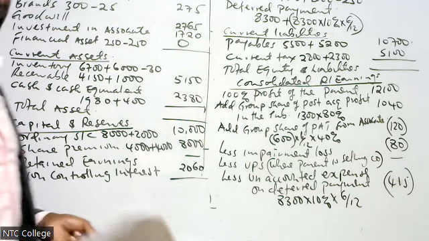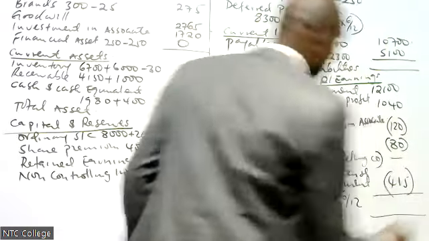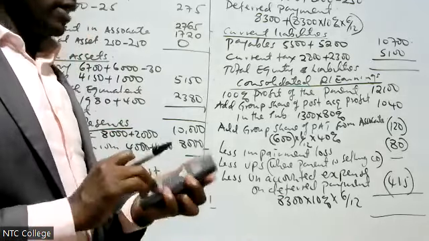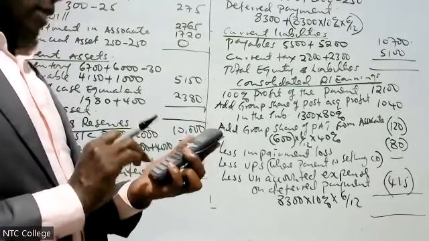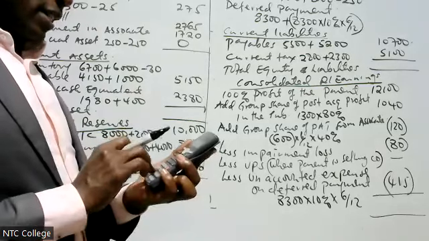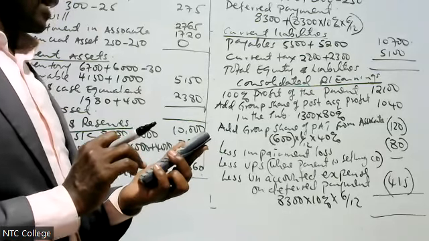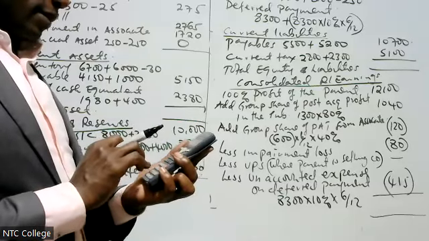And then nothing else. Therefore, you give me the consolidated retained earnings, where I'm taking 12,100 plus 1040 minus 120 minus 200 minus 80.